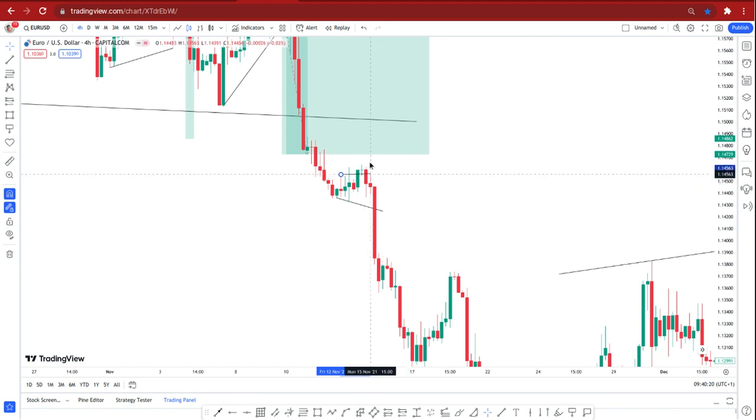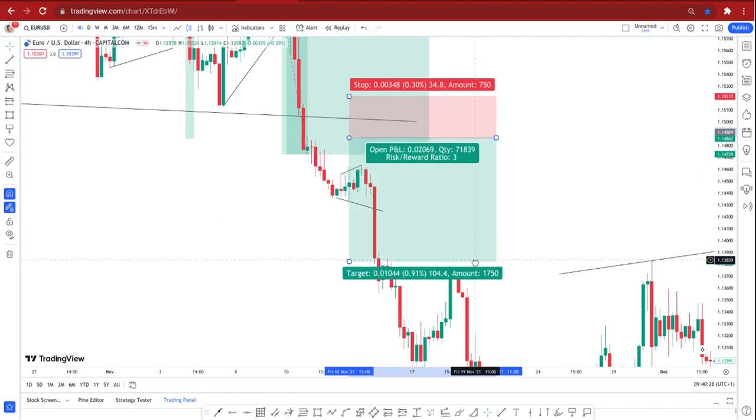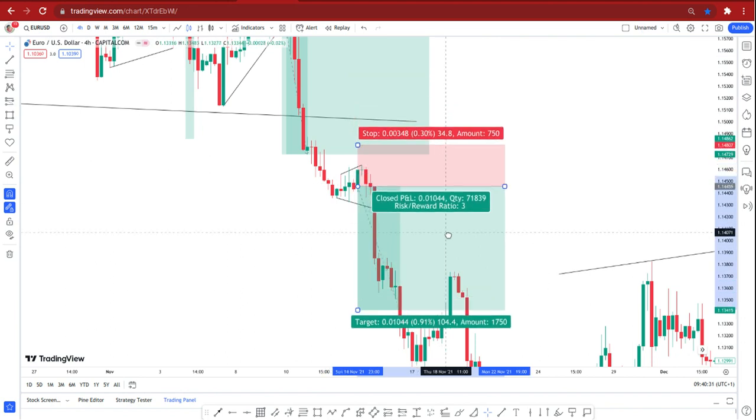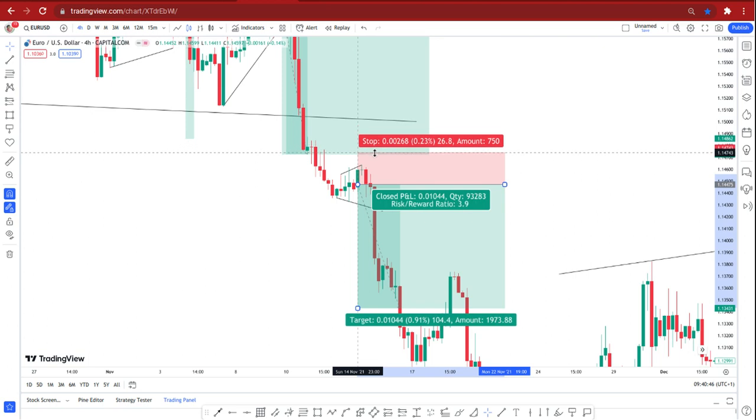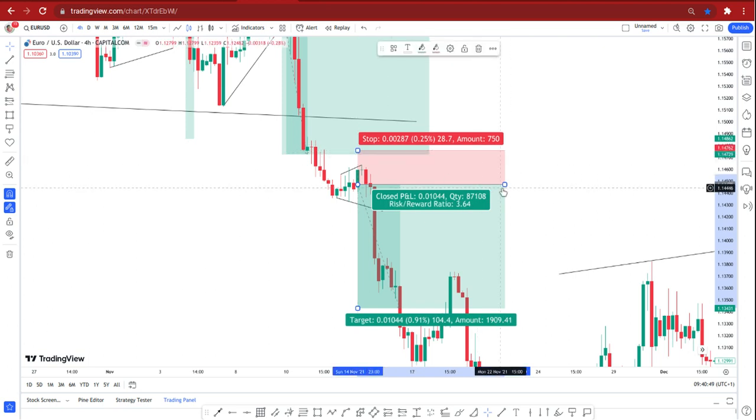The wicks went upward, so it's still looking like a flag pattern. So I would have been in from this one also. This is an evening star. The wick closed below, but the body didn't close. But the body against this doji told me, with the bias that I have that I'm selling, I'm just looking for sell opportunities. So here might be like 25 pips.